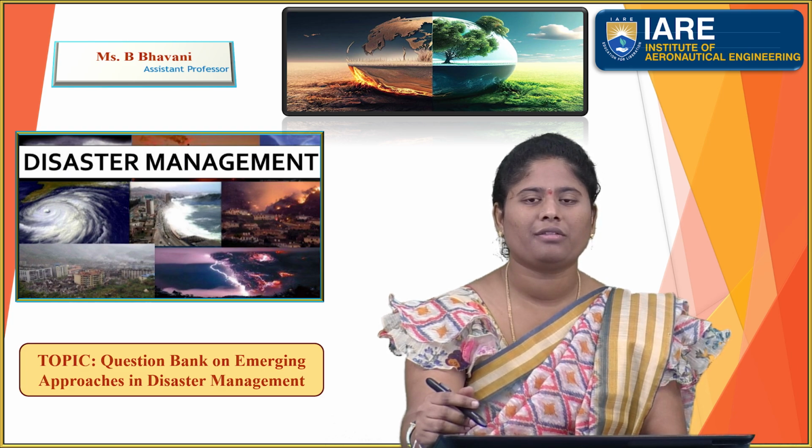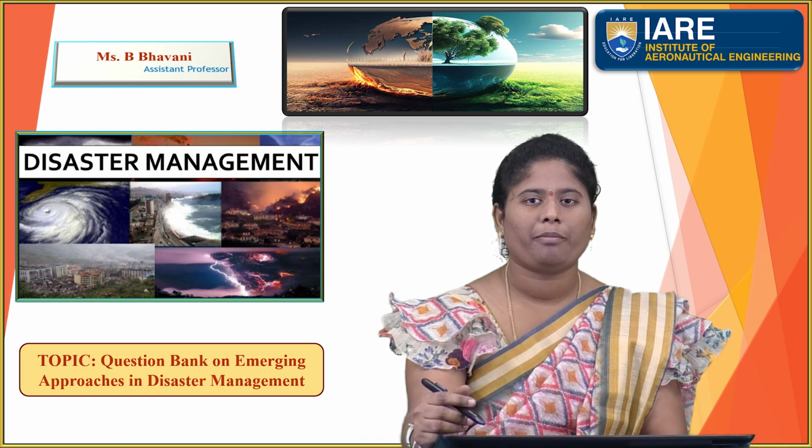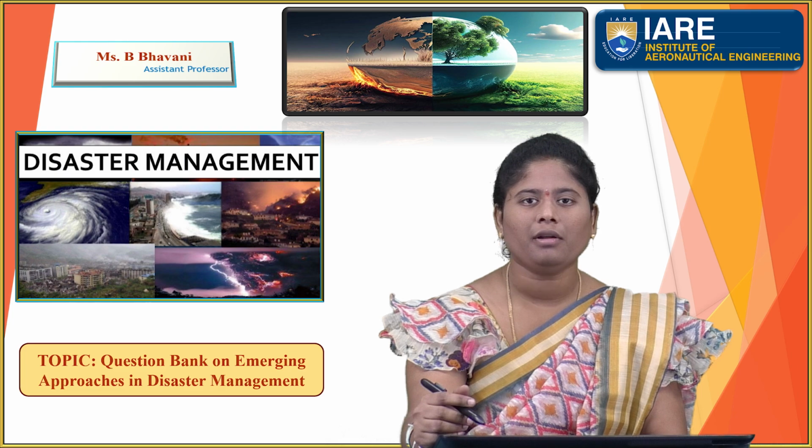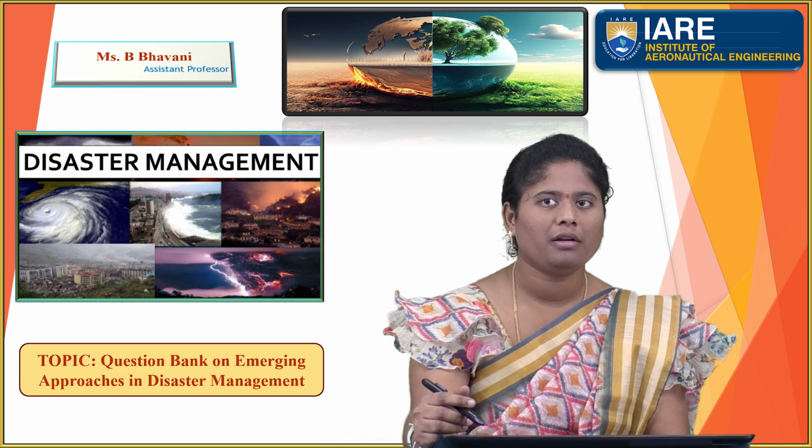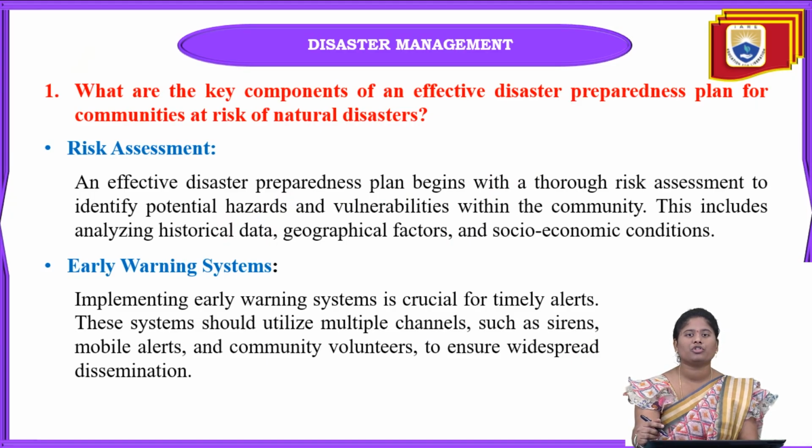Today we are going to discuss a question bank on emerging approaches in disaster management. Coming to the different questions in this module, the first one: what are the key components of an effective disaster preparedness plan for communities at risk of natural disaster?